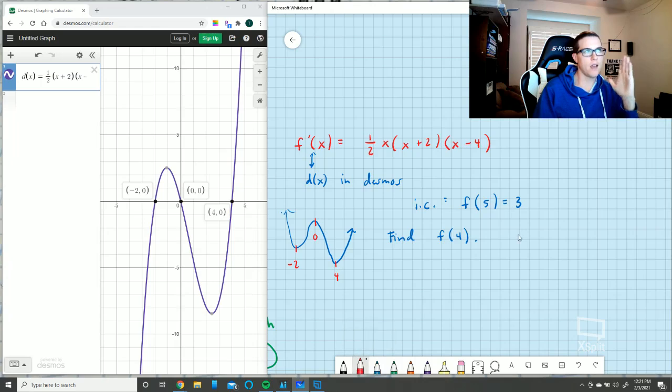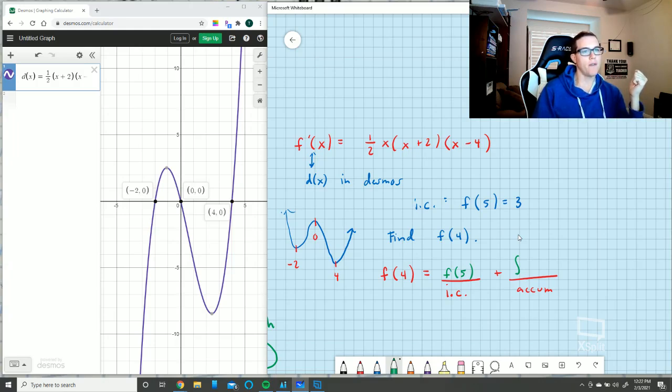So pay careful attention. To get f of 4, you have your initial condition plus accumulation. Initial condition was f of 5. Now this is the part you're going to be a little unusual with for a while. It's still plus.